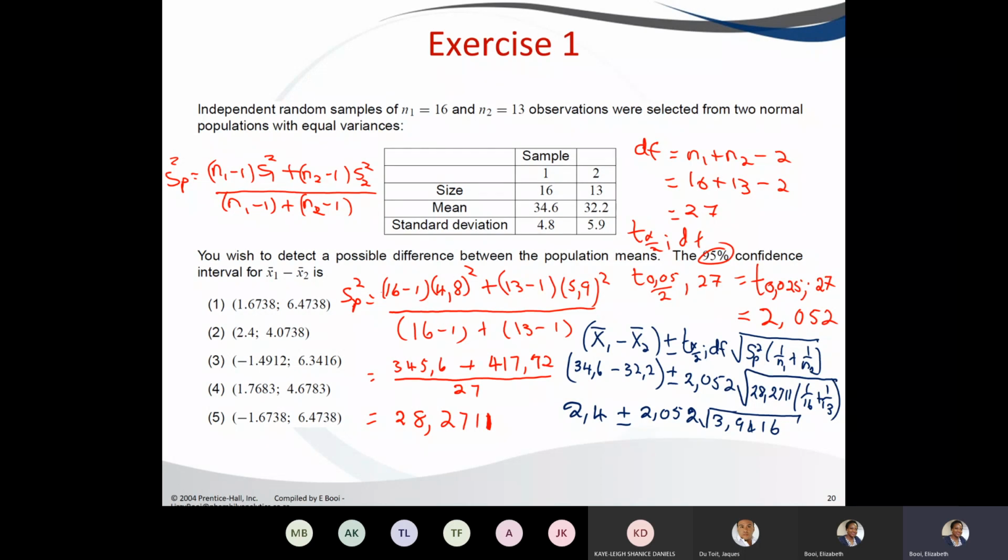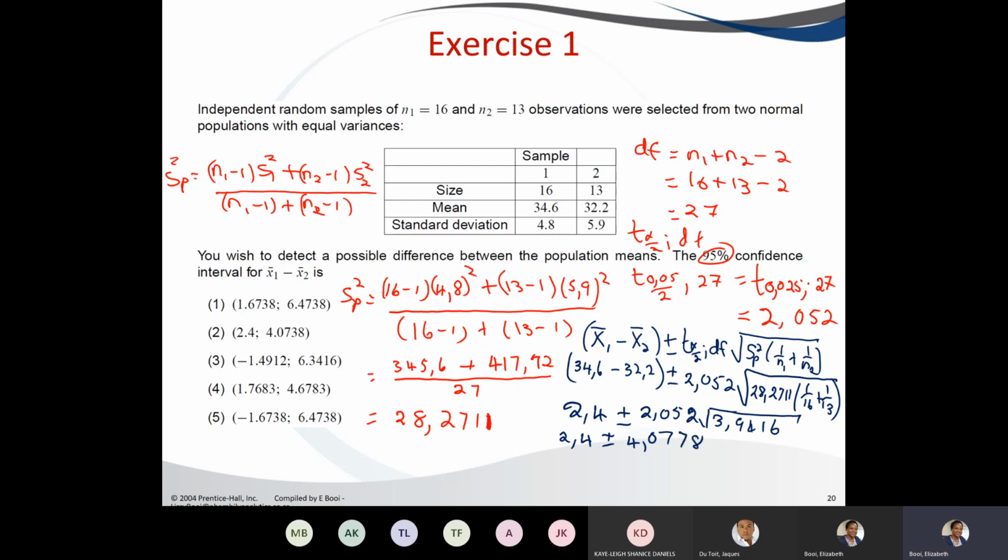So if I take the square root of that answer, I get 1,9853, and then I need to multiply that with the critical value, which is 2,052, and I get 2.4 plus or minus 4,0778. Let's say 4,0778.